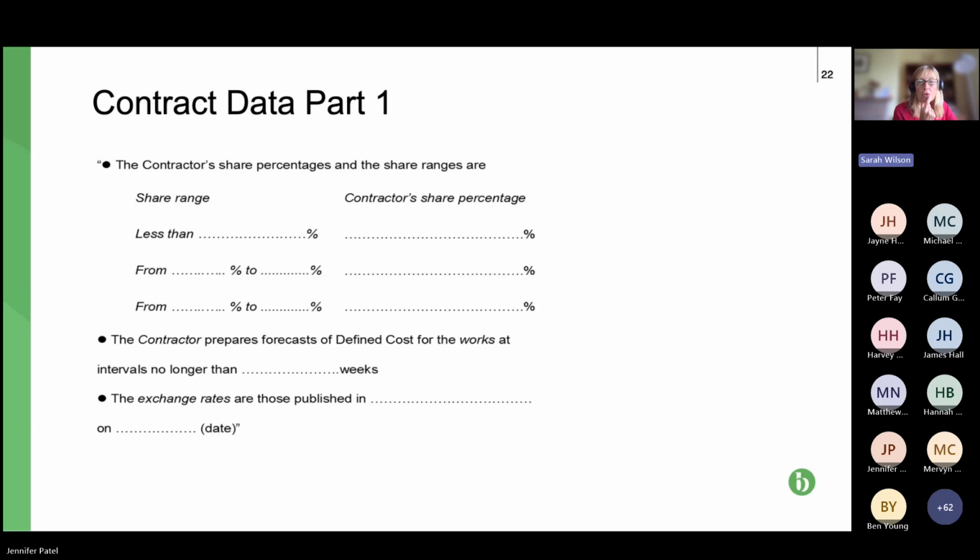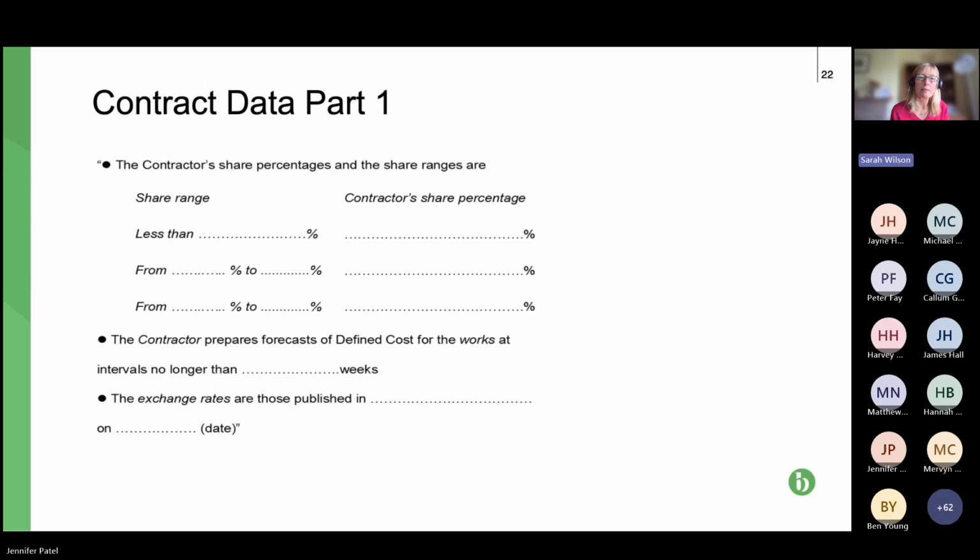Lovely. So this just reproduces contract data part 1, how the pain gain is dealt with. You can see here, it shows the share range on the left and the contractor's share percentage on the right. We are going to see a worked example, which is easier for me to understand and easier for me to explain.